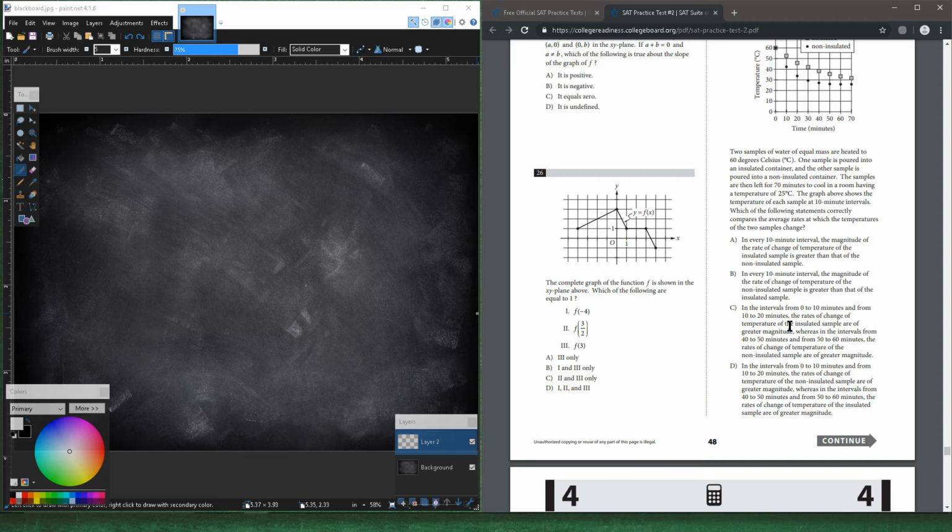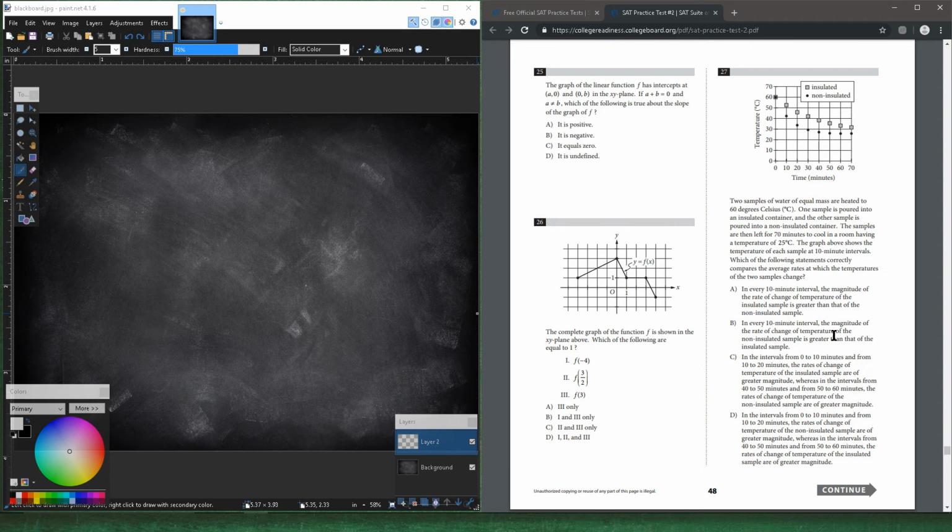So in the intervals from 0 to 10 minutes and from 10 to 20 minutes, the rates of change of the insulated and non-insulated are of the same magnitude, which is true. Well, never mind, it's not true because this goes down here and this one goes here. But these two look like they went exactly the same.